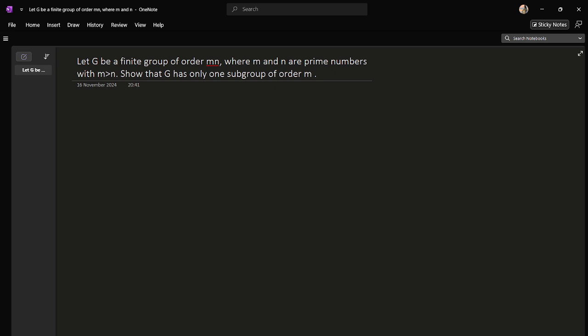So firstly we get the order of G is equal to mn, where m and n are prime numbers and m is greater than n. We have to apply Sylow's first theorem.